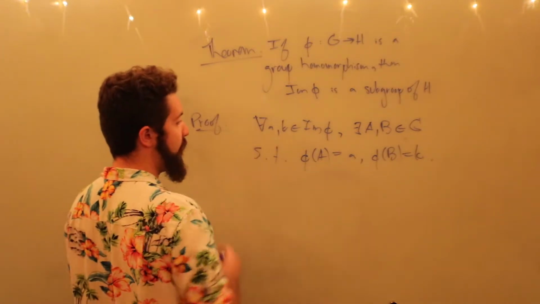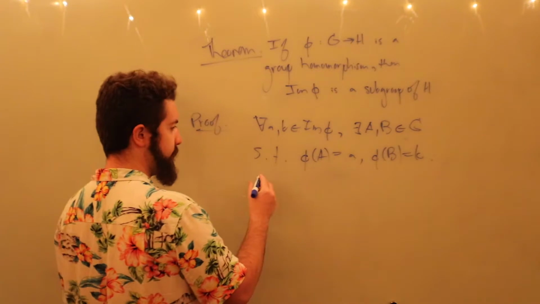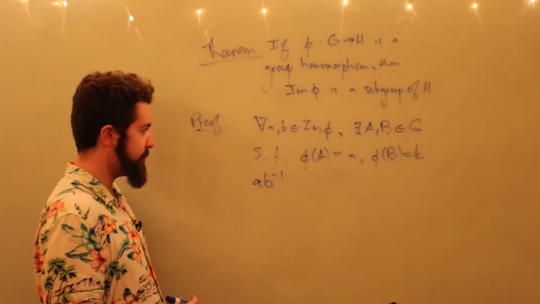So we take our two arbitrary elements that live in the image of phi, and we multiply them, a b inverse, right?